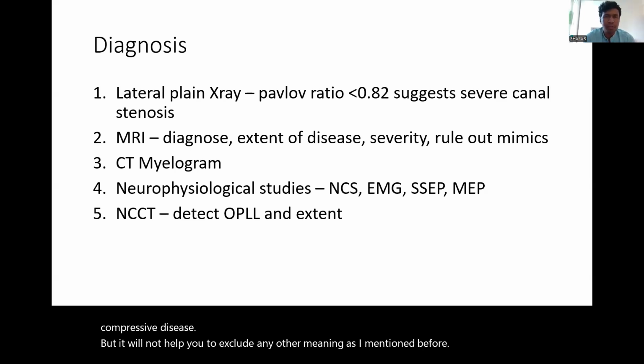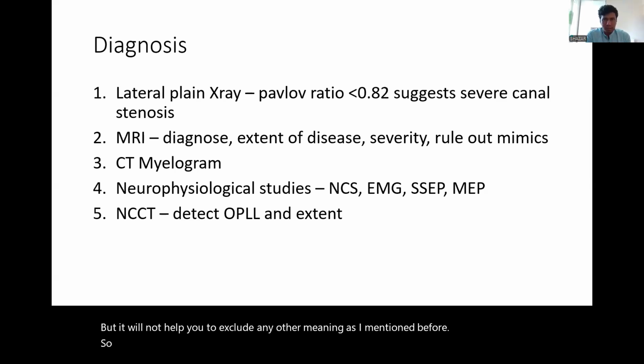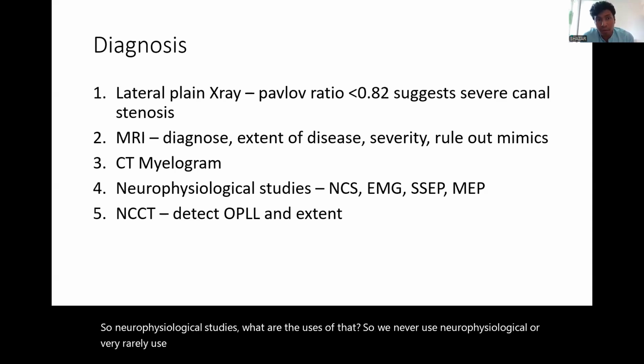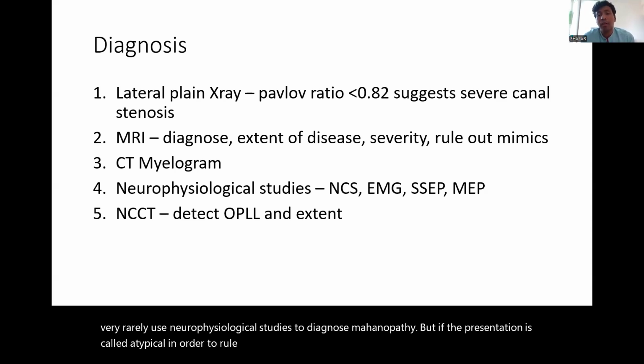So neurophysiological studies, what are the uses of them? We never use, or very rarely use, neurophysiological studies to diagnose myelopathy. But if the presentation is quite atypical, in order to rule out mimics, it's very important to do a neurophysiological study.